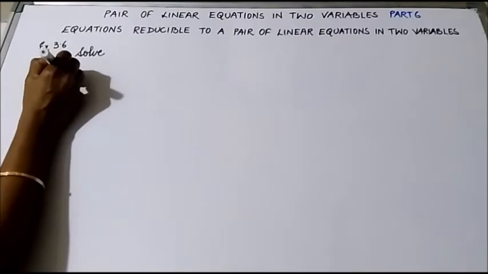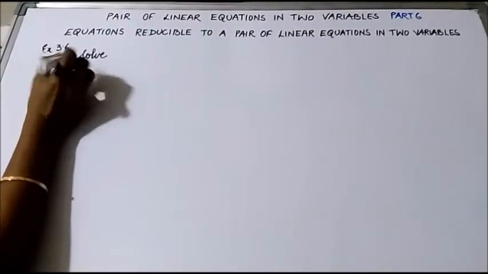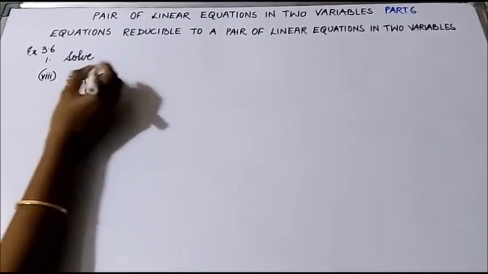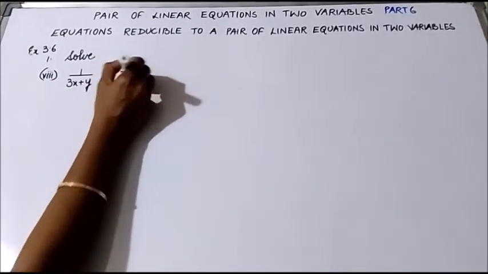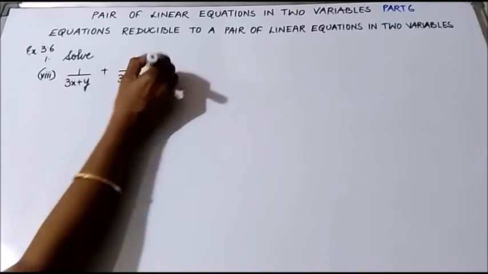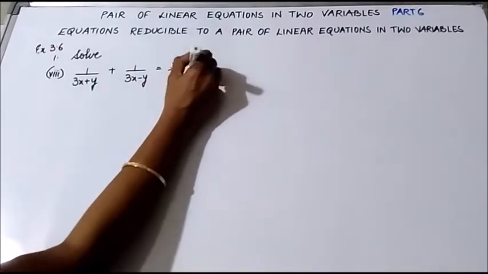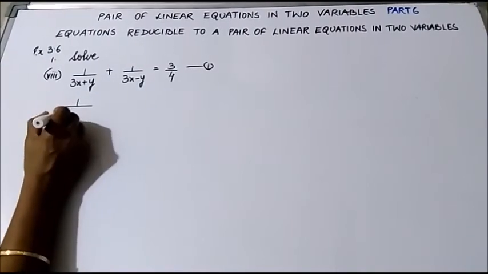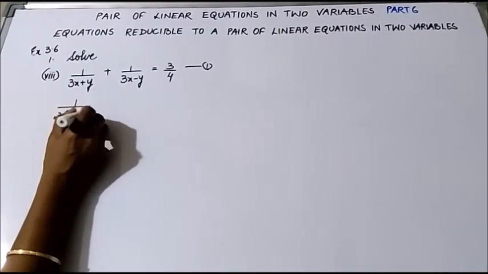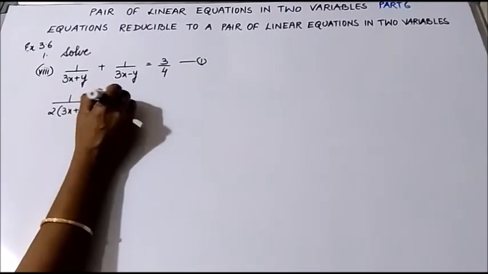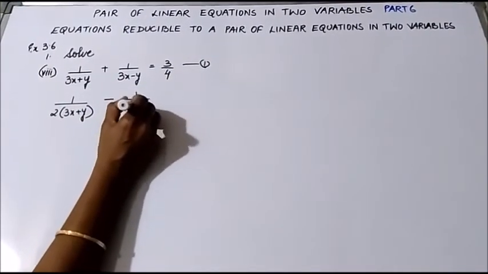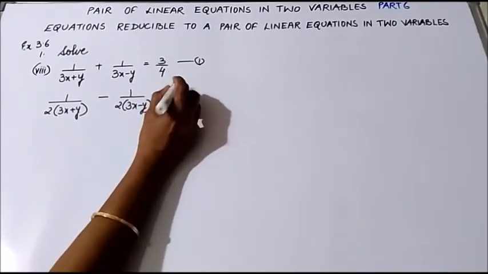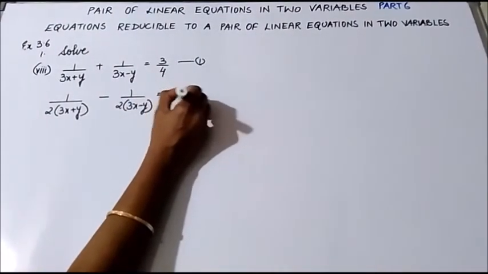Now the eighth question is given to us: 1 by 3x plus y plus 1 by 3x minus y is equal to 3 by 4. And the second equation is given as 1 by 2 into 3x plus y minus 1 by 2 into 3x minus y is equal to minus 1 by 8.